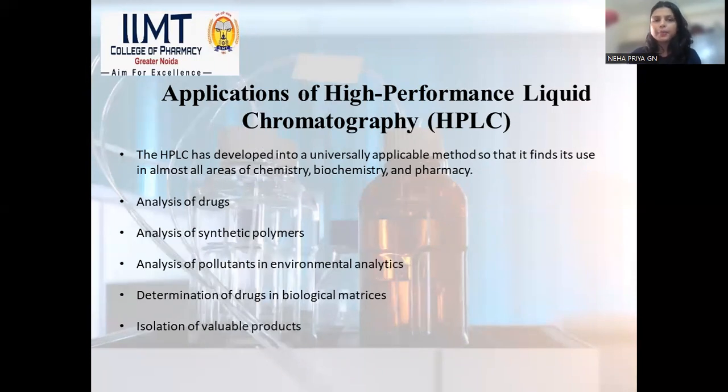But let's quote all the applications out here. HPLC has developed into a universally applicable method, so that it finds its use in almost all the areas of chemistry, biochemistry, and pharmacy.